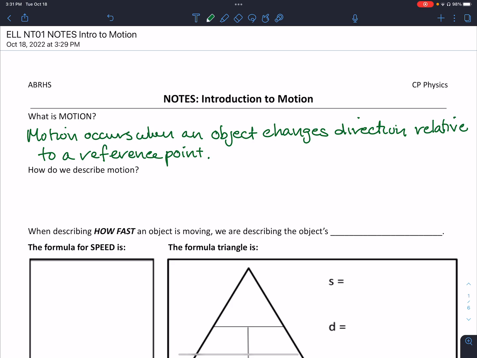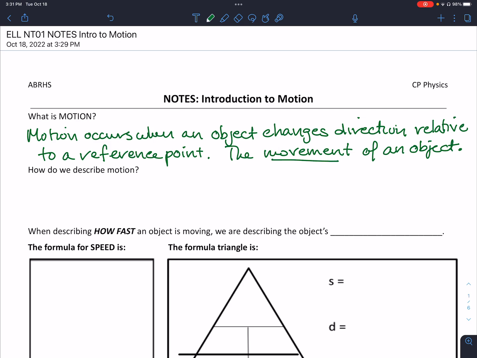It's basically a description of the movement of an object. And that object can be anything, a person, a car, an atom, a molecule, whatever.